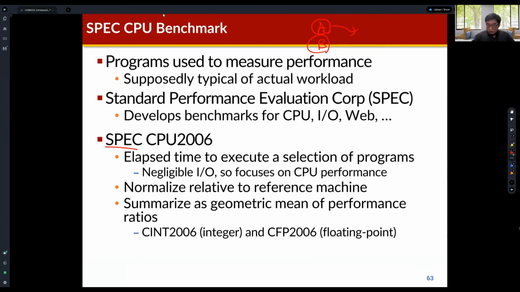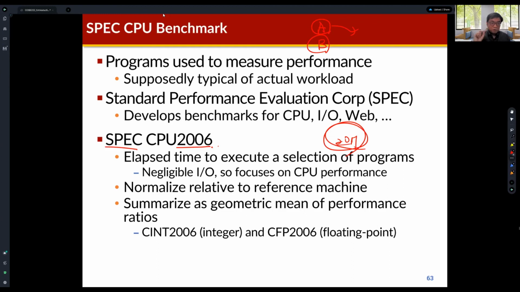In this course, I just take SPEC 2006, but recently we are using SPEC 2017. The 2006 represents the year, and the most recent version of the SPEC benchmark is 2017. This SPEC benchmark is a collection of applications, and these applications are used for measuring the performance of a CPU. What does that mean?